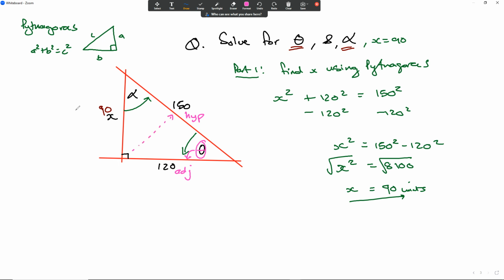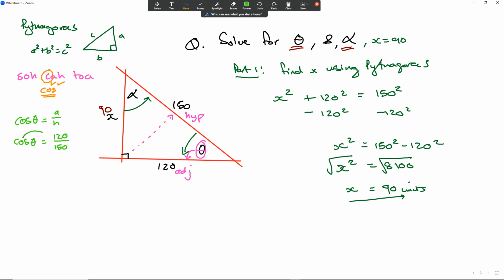So for this here, firstly, let's go with SOHCAHTOA. And we can see we have the adjacent and the hypotenuse. So we're going to use C, which stands for cos, right? So we're going to go ahead and write down cos of the angle is equal to adjacent over hypotenuse. So cos of the angle, we don't know what it is, equals 120 over 150.